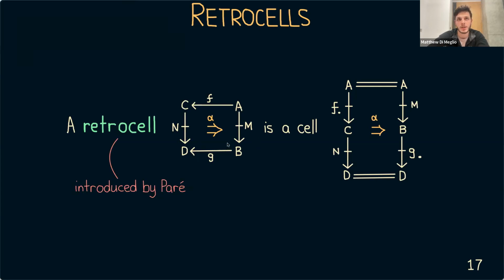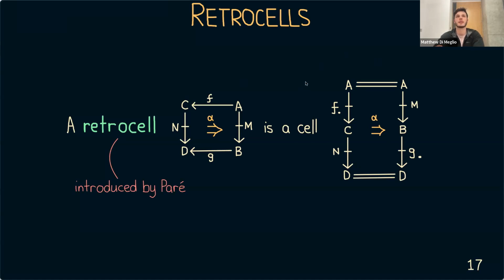So a retrocell of this shape is really just a cell in your double category of this shape, where you've got the companion of F on the top and the companion of G on the bottom, and you've got N and M like so. So you can almost think of it as if this companion of F is coming back in the backwards direction, and this companion of G is being rotated and going back in the backwards direction as well. So this is what a retrocell is.